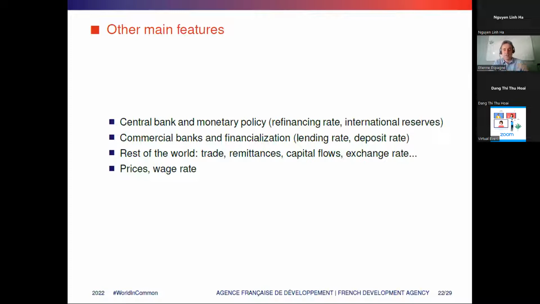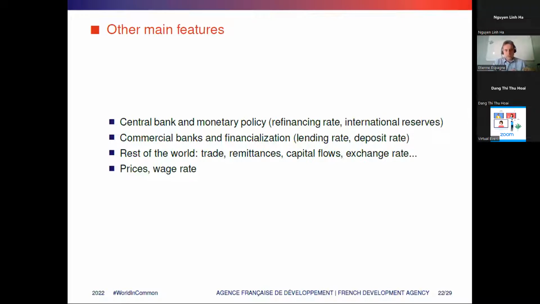They provide a refinancing rate and they manage their international reserves to maintain the exchange rate within a small boundary of fluctuations. Then commercial banks fix their deposit rate and their lending rate with a margin above the refinancing rate, which has been estimated based on past data.